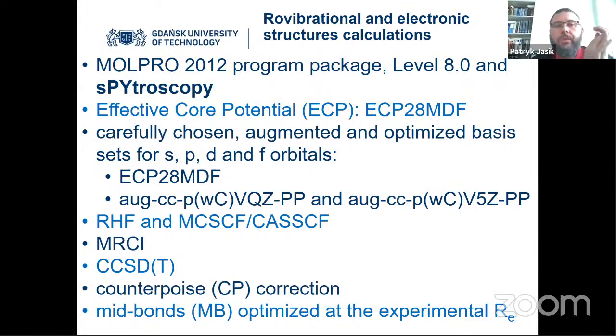To do this, we used the MOLPRO program package and our new program, Spectroscopy.